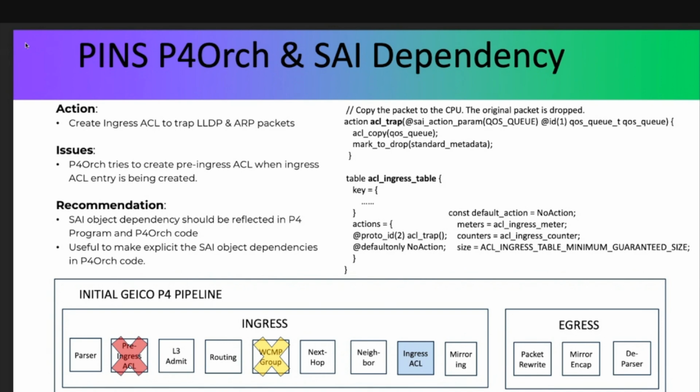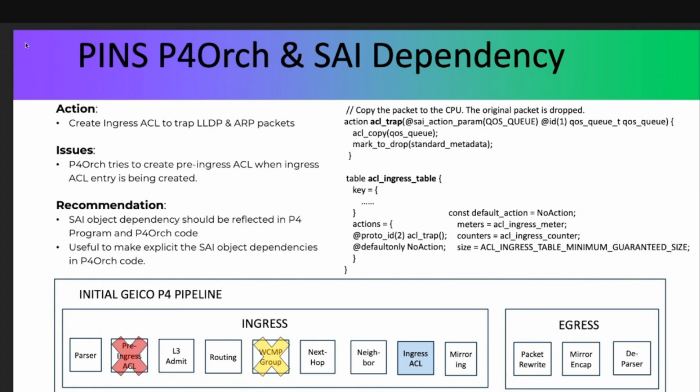The next best thing was to remove the pre-ingress ACL table from the P4 program itself and from the pipeline programming, and see if that would work. That also didn't work. We ended up actually removing the pre-ingress ACL code from the P4.